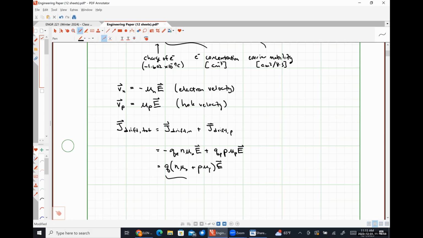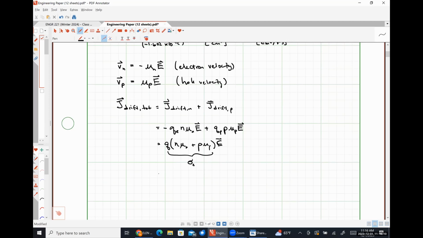And we learned in our last class meeting that this guy right here is just our electrical conductivity. And so we simply have conductivity times electric field is equal to drift current density.